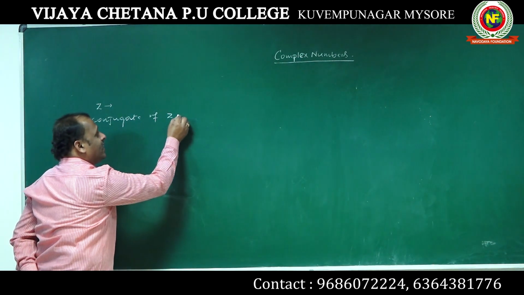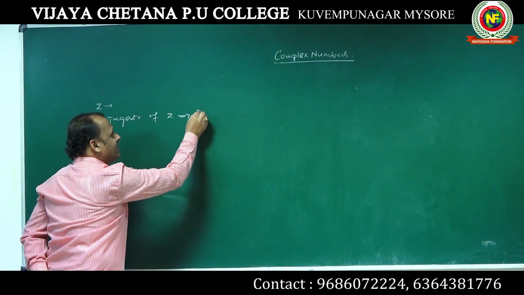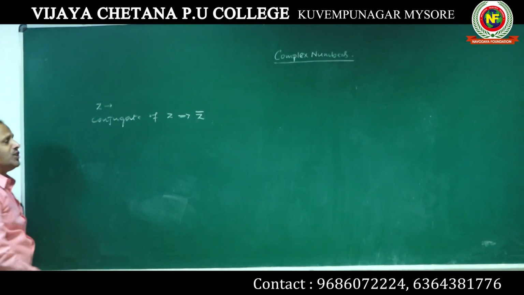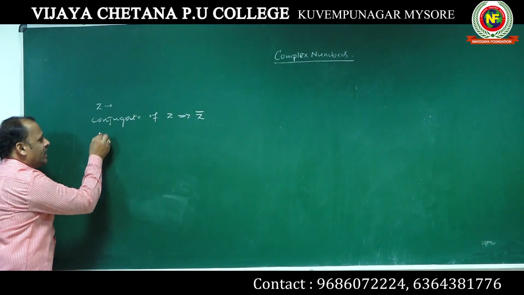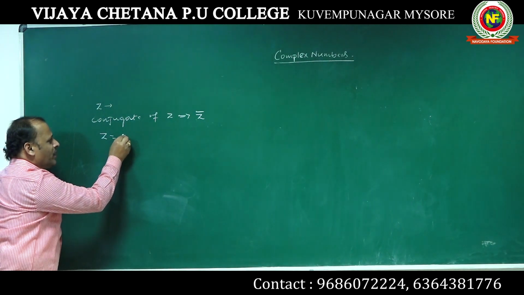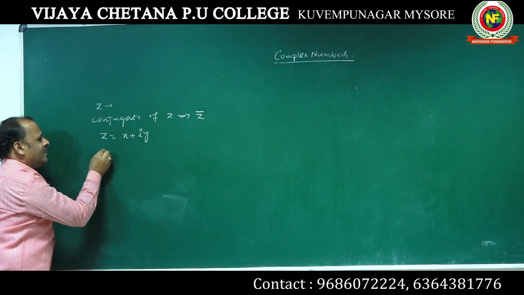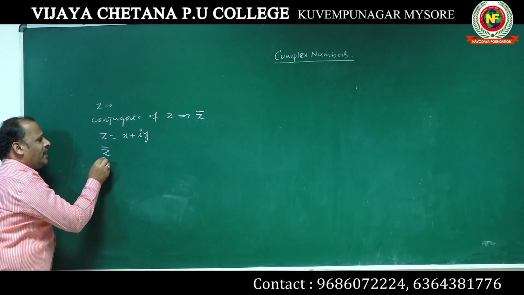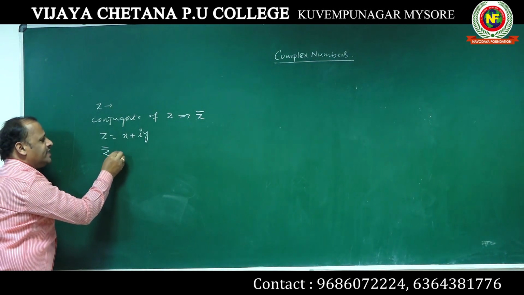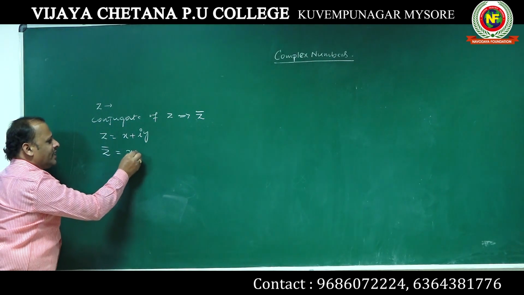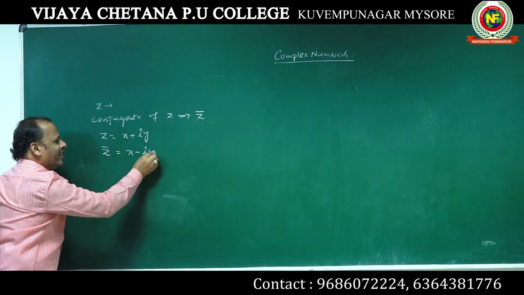This is the indication of conjugate. Now here z is equal to x plus iy, then z bar, I mean the conjugate of the complex number z, is x minus iy.